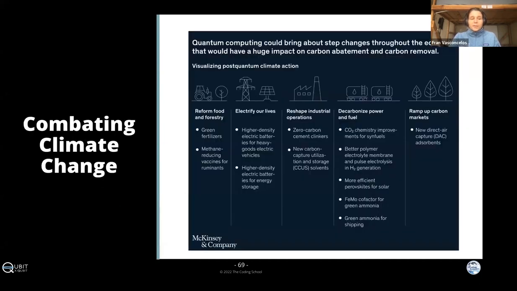So moving on to another really important application, there's also a lot of work thinking about how quantum computers could be used to combat climate change.